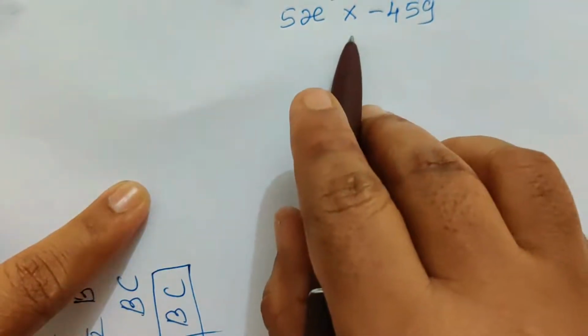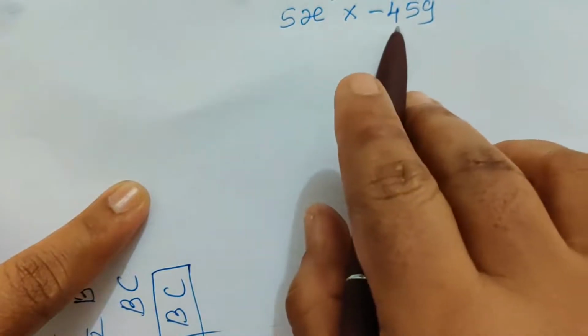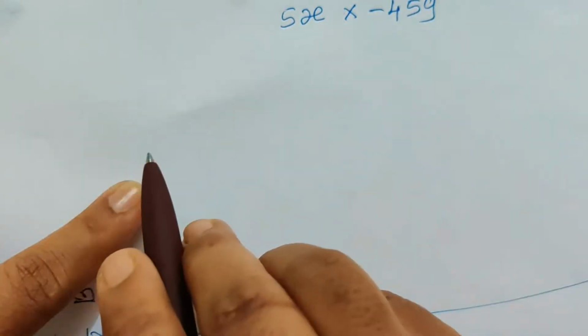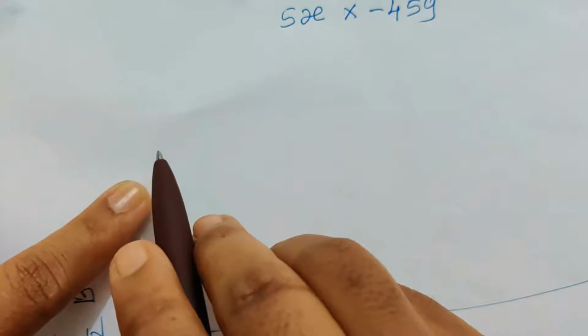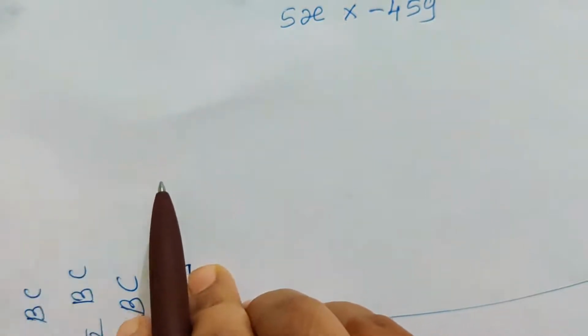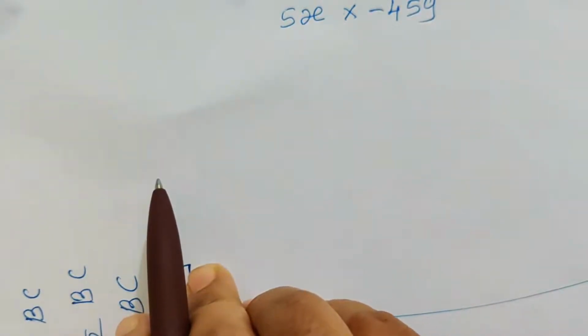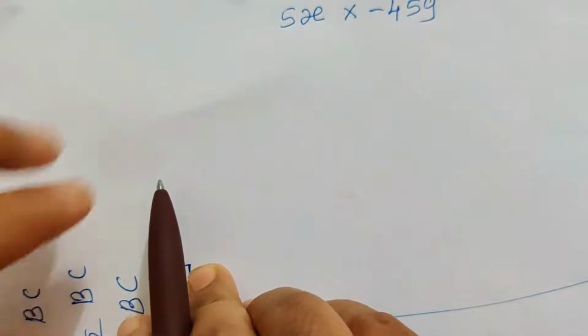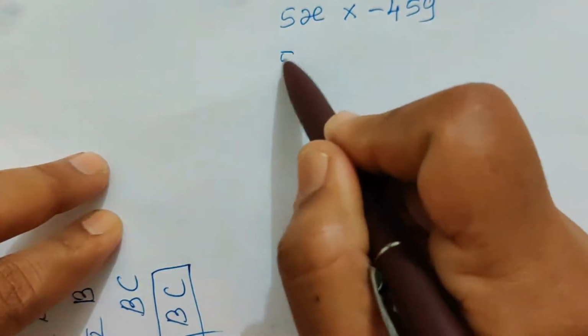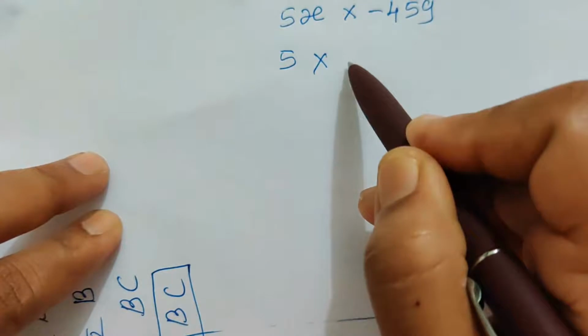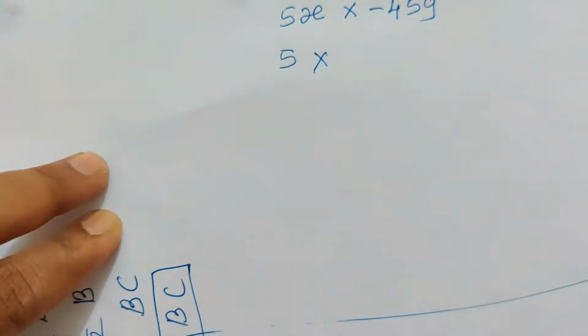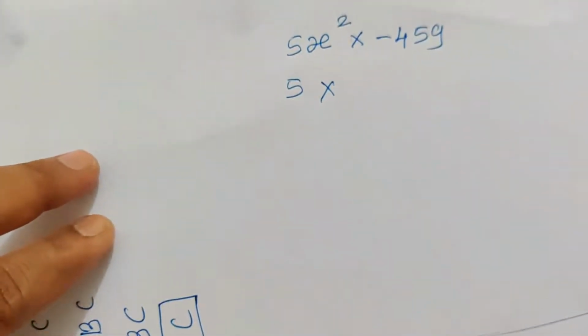We want the product 5 multiplied by minus 459, suppose, and the sum should be 6. So for this, 5 multiplied by this, what I am showing is rough work.